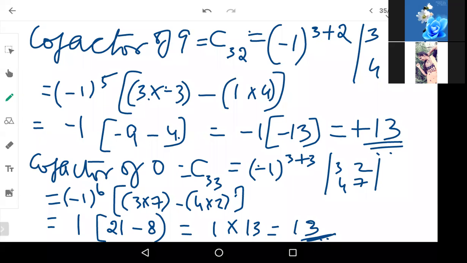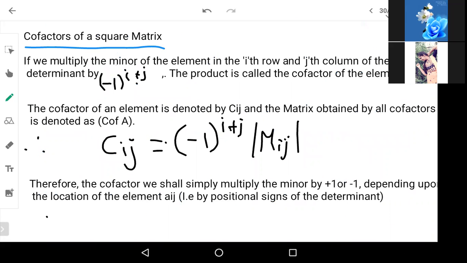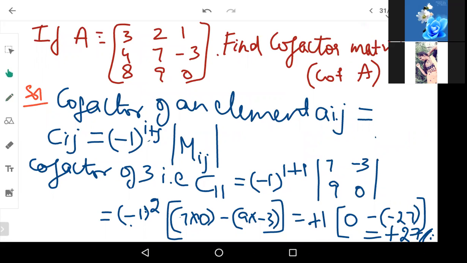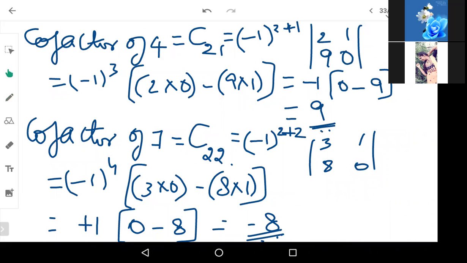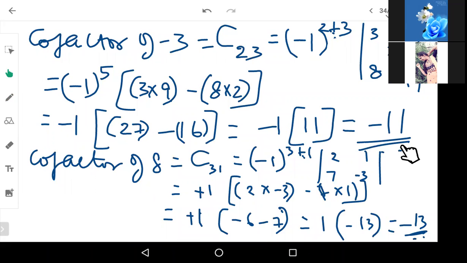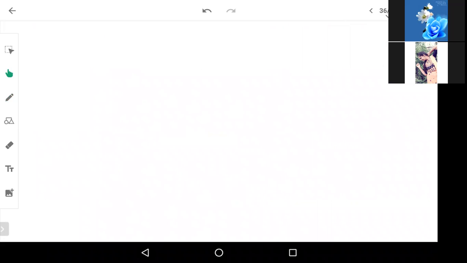Now, all the answers that you have got for cofactor, 27, minus 24, minus 29, 8, minus 11, minus 13, plus 13, plus 13, all of this has to be brought into the form of a matrix once again. That matrix is called the cofactor matrix.